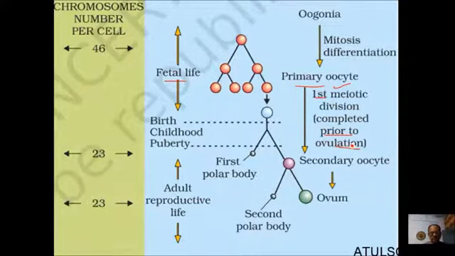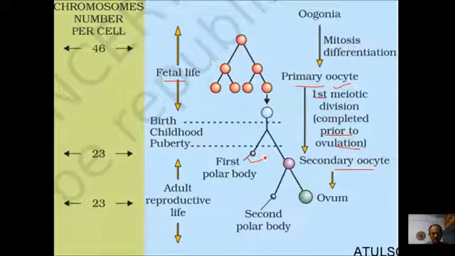Meiosis 1 starts before birth, but it completes at the end of puberty. As puberty starts, the meiotic division completes and there is formation of a secondary oocyte and a polar body. So this is because of meiosis 1.